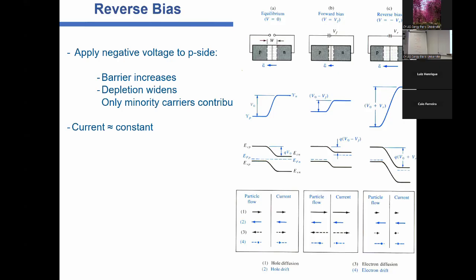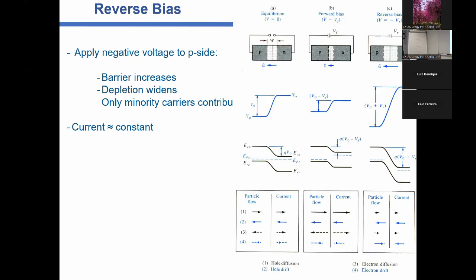If you see here the holes coming from this side, as this step is higher, it will be a lower amount of the diffusion current than in the case of the forward and the equilibrium condition.